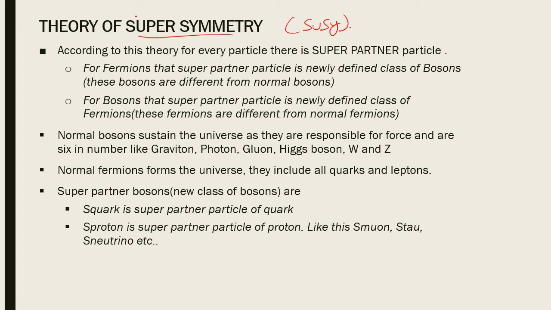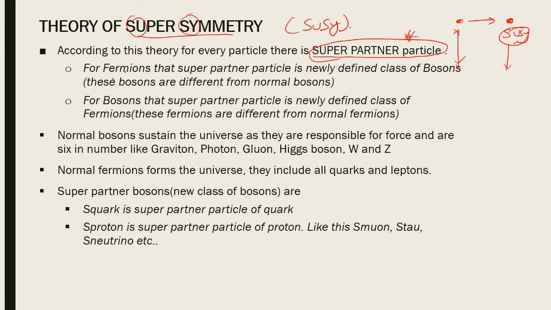According to this theory, for every particle there is a super partner particle. This is important. If some particle X is there, there is a super partner particle for it.